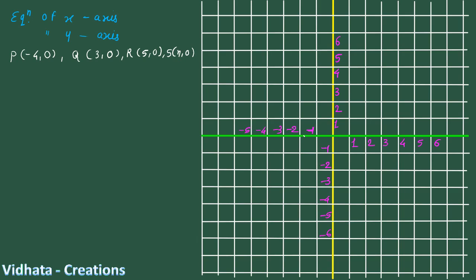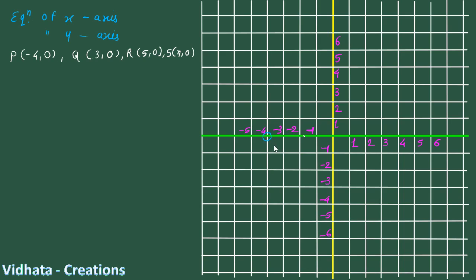Where will I find these points? If you want to plot point P (-4, 0), the x coordinate of point P is minus 4 and the y coordinate is 0, which means point P is here only.